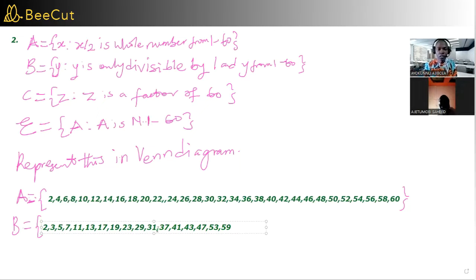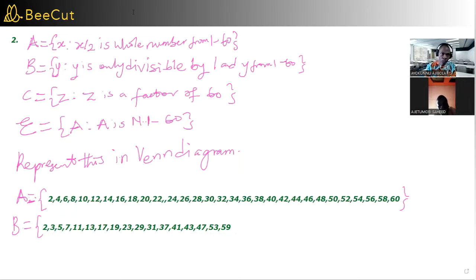So 30 is not, 31 is a prime number, 32 is not, 33 is not, it can be divided by 11, 34 is not, 35 no, 36 no, 37 yes, 38 no, 39 no, 39 can be divided by 13, 40 no, 41 yes, 43, then 44, 45, 46 no, 47 yes, 48 and 49 no, 49 can be divided by 7. And 50 no, 51 can be divided by 3 and 17, and 52 can be divided, then 53 yes, then 54, 55, 56, 57 no, because they can be divided. Then we have 59 and 60 is not included.